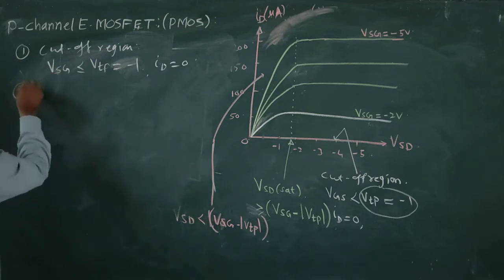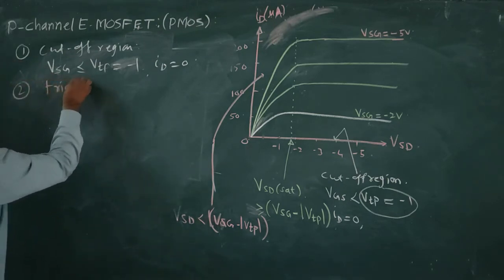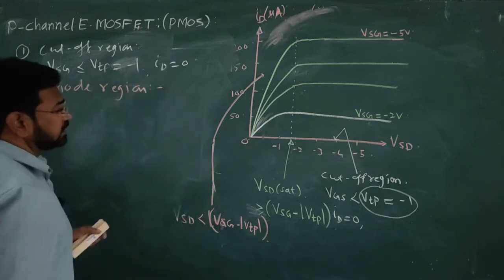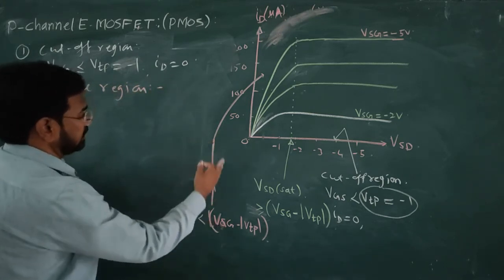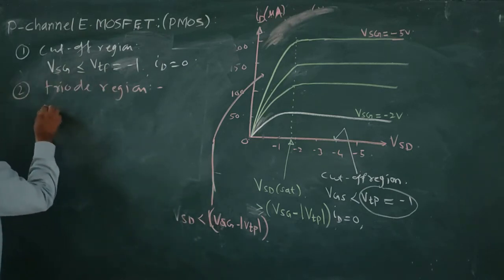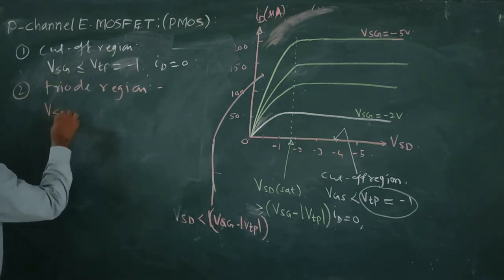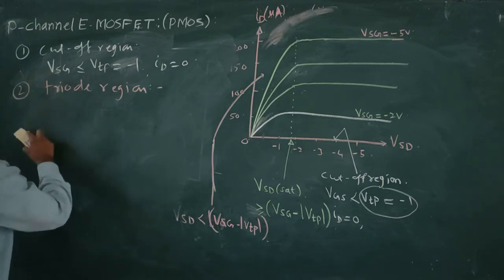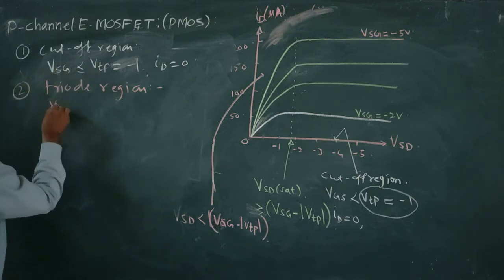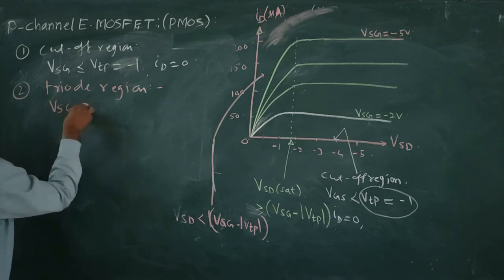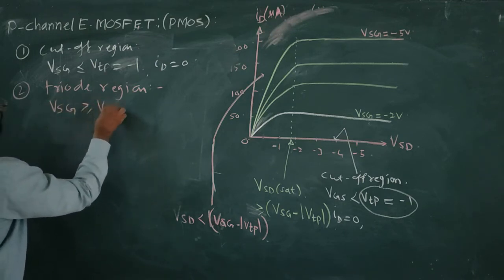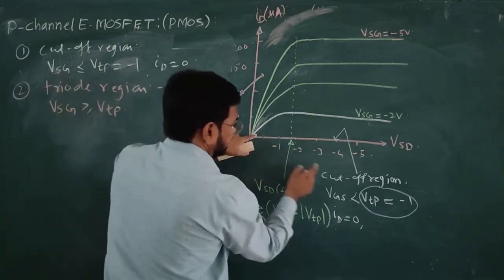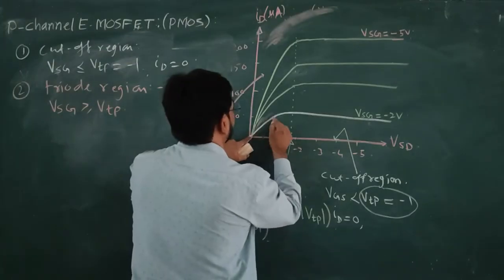Second, triode region. The device will be driven into triode region under this condition: gate voltage is important. VSG is greater than or equal to VTP, meaning we have applied a gate voltage greater than the threshold and the device is on.